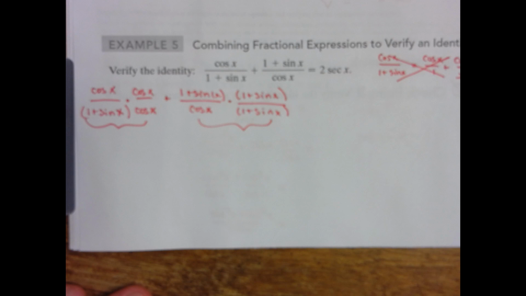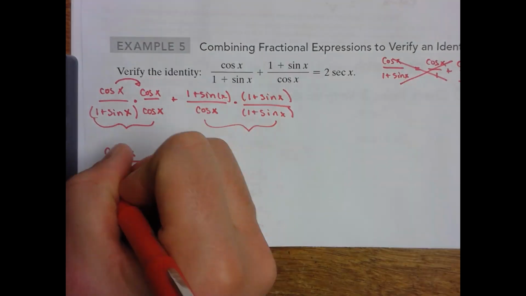So let's do a little bit of distributing and some simplifying. In the numerator, I'm going to multiply cosine of x times cosine of x, making that cosine squared of x. Okay, so that's just me simplifying this left side.